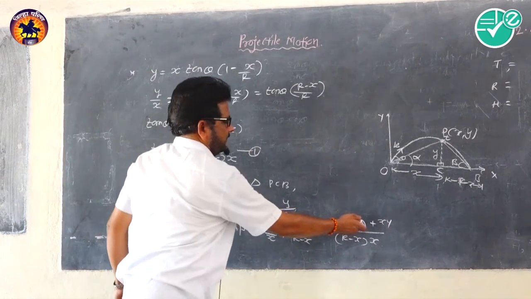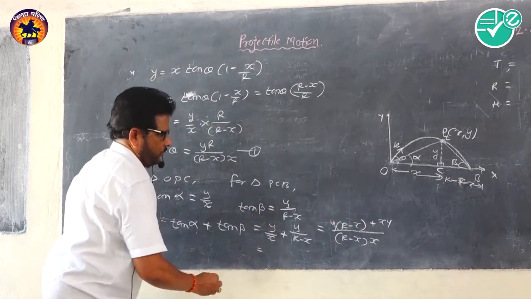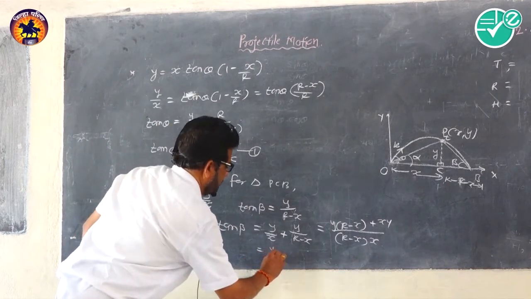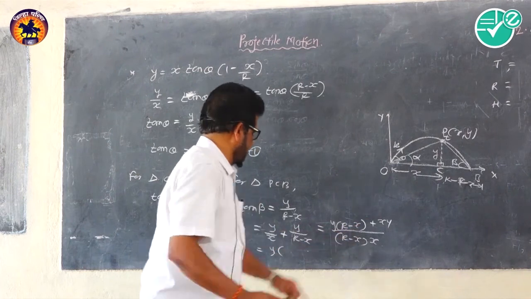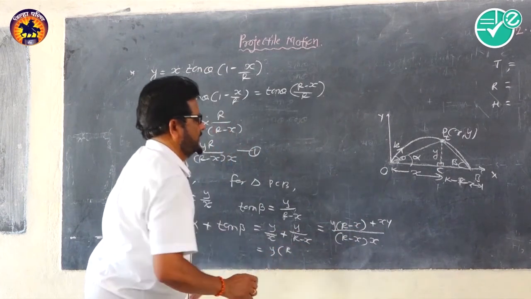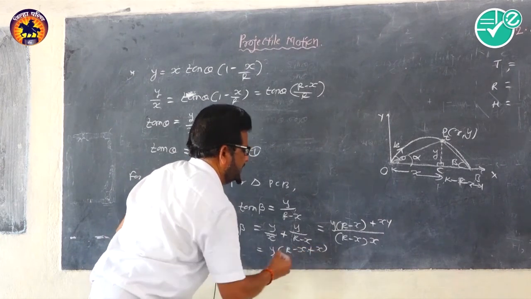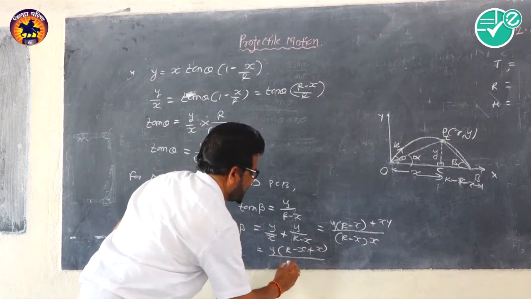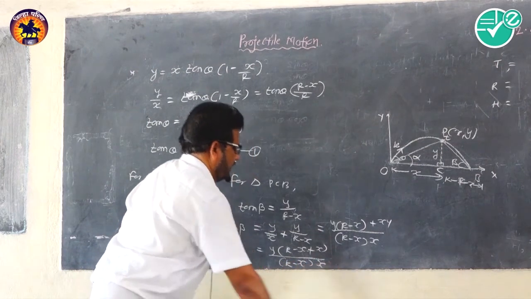Taking y common, it is y into bracket R minus x plus x, divided by R minus x into x.